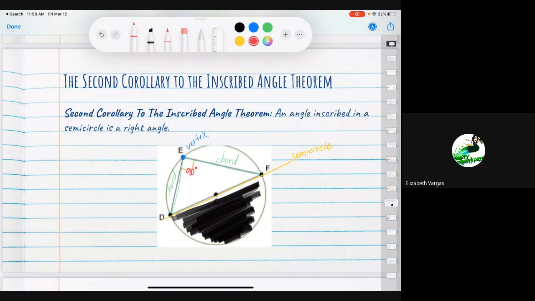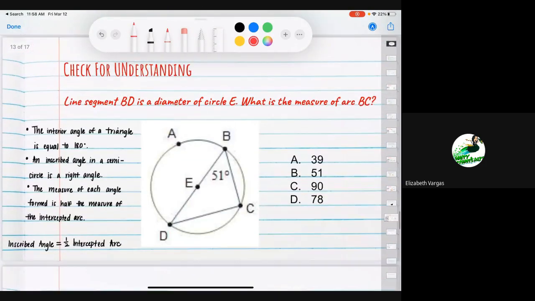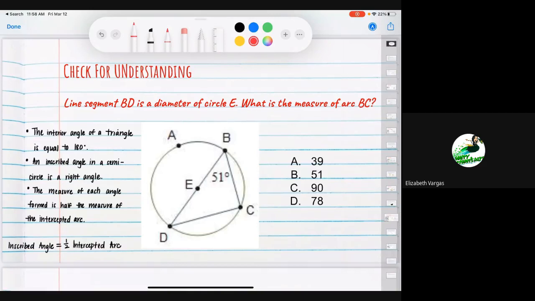Okay. And so now we're going to use that information to answer this question. But let me just briefly go over it. It says line segment BD is the diameter.